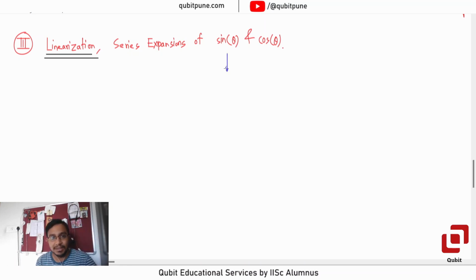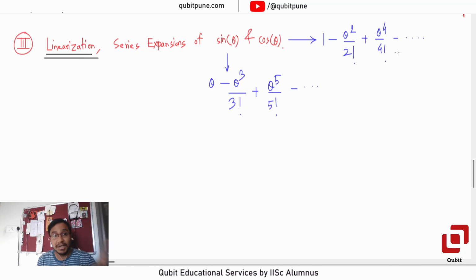For sine theta, the linearization is just theta, because its Maclaurin expansion is theta minus theta cubed upon 3 factorial plus theta raised to 5 upon 5 factorial and so on. And for cos theta, it is 1 minus theta squared by 2 factorial plus theta raised to 4 upon 4 factorial and so on.